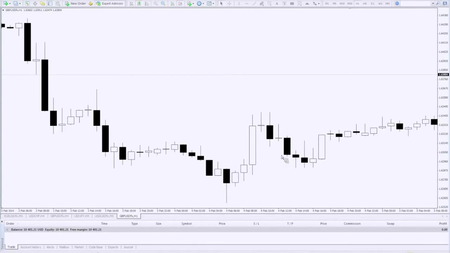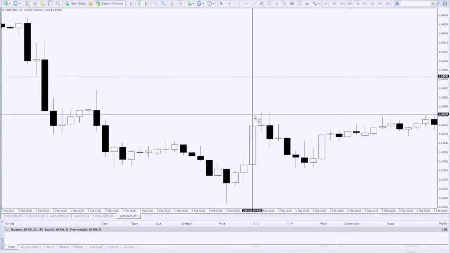Okay? Now, that's two different ways you can get the data for this candle so you understand what's going on. You can measure it by just putting your mouse on top of it and looking at those numbers in the lower right-hand side. You can take your crosshair and drag it and measure it that way.